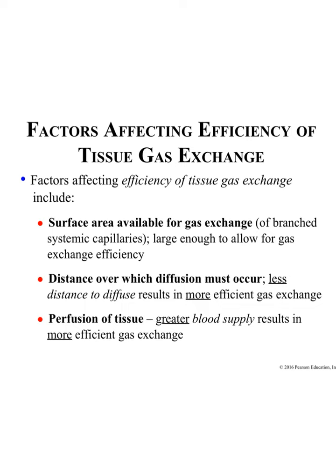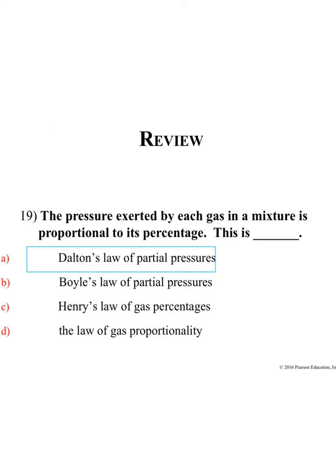A thicker tissue, like stratified squamous of skin, is going to be much slower, of course, because we've increased the distance by quite a bit. And then lastly, perfusion of the tissue. This does link back to the surface area. The larger and more numerous the capillary beds, the more blood supply the tissue has, the more oxygen it can get.